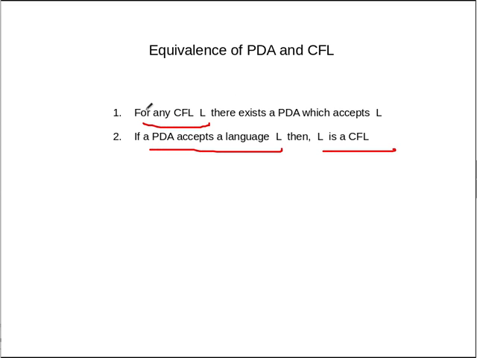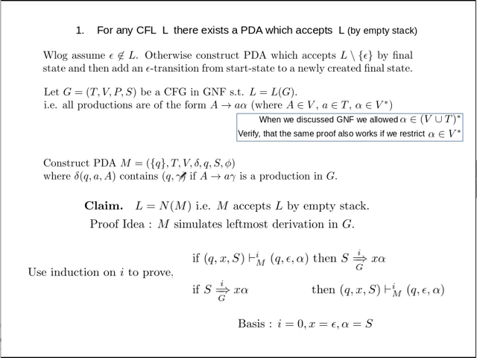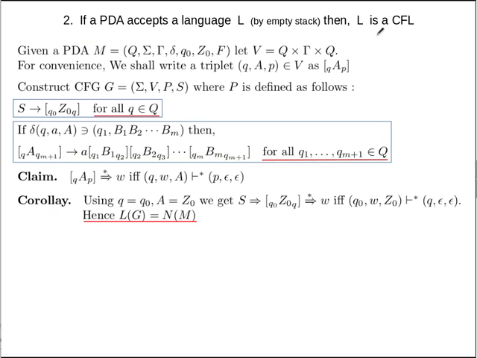In fact, while proving these two theorems, we will use the criterion of empty stack. So we will prove that for any CFL L there exists a PDA which accepts L by empty stack, and if a PDA accepts a language L by empty stack, then L is a CFL.